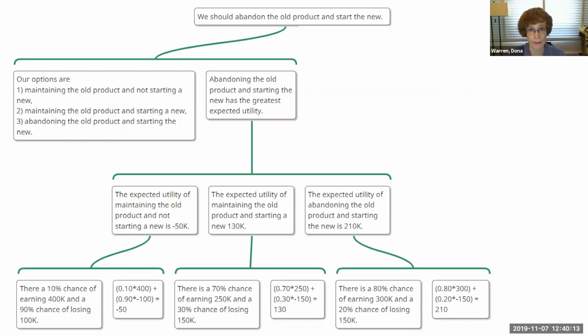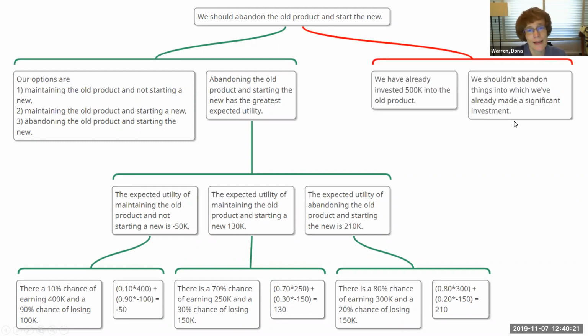We're looking ahead. Here is what we don't consider, and I'm going to reposition myself here so you can see this over here. What we do not consider is how much money we have already spent in the old product. This would be an objection to not divesting from our old product.